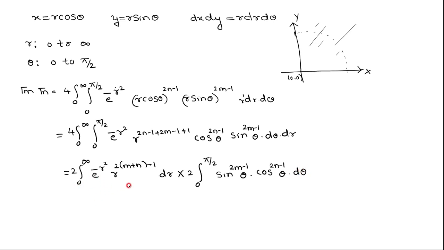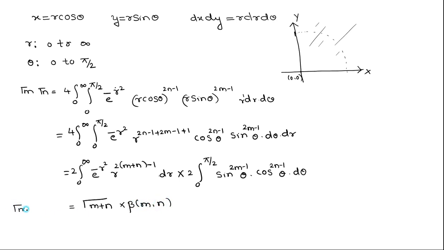If you see the first term, it is the definition of the gamma function in terms of the variable r, and here the argument is m plus n. So this is nothing but gamma of m plus n. And the second term is nothing but the definition of the beta of m comma n. So we can write it as beta of m comma n.